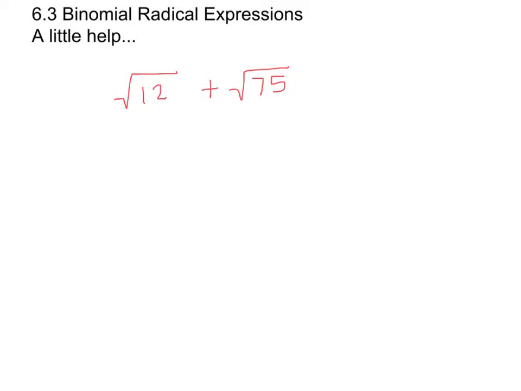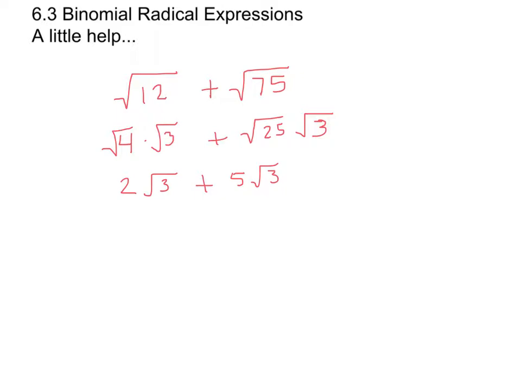So we're going to take the largest perfect square that goes into 12, which is 4, because 4 times 3 is 12. And we want to find the largest perfect square that goes into 75, and I think that's 25. 25 times 3. So square root of 25 times square root of 3. This simplifies to 2 root 3 and 5 root 3.